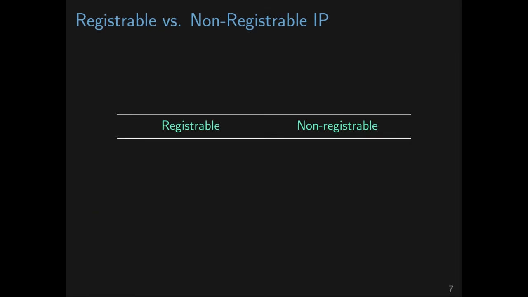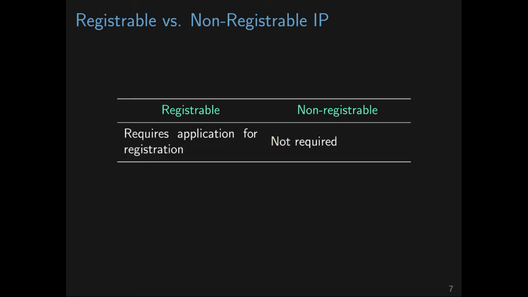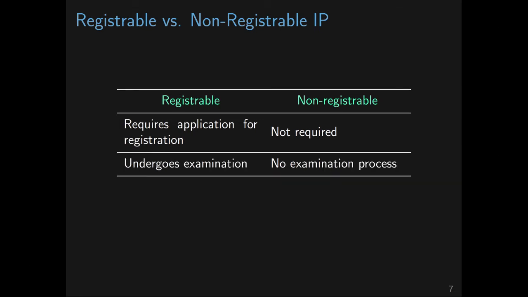Now, there are also what we call registrable and non-registrable IP. A registrable IP requires application for registration so that it can be protected. A non-registrable intellectual property does not need that. Once registration is applied for, a registrable IP undergoes examination.